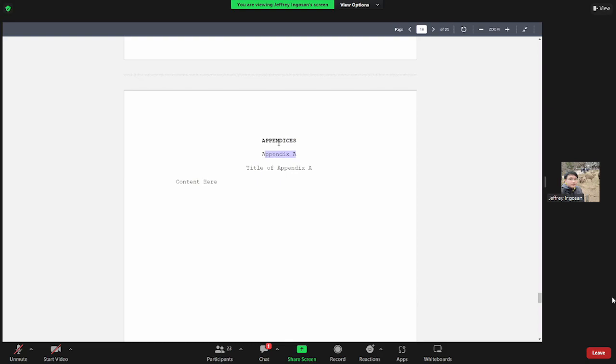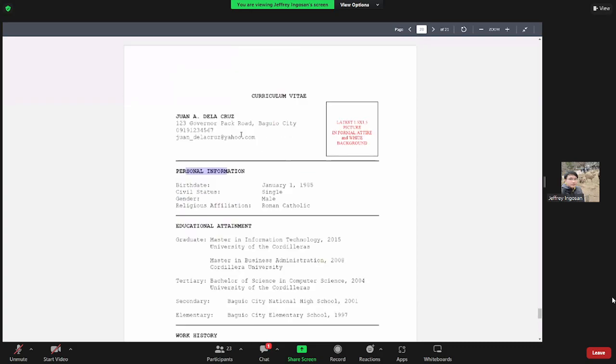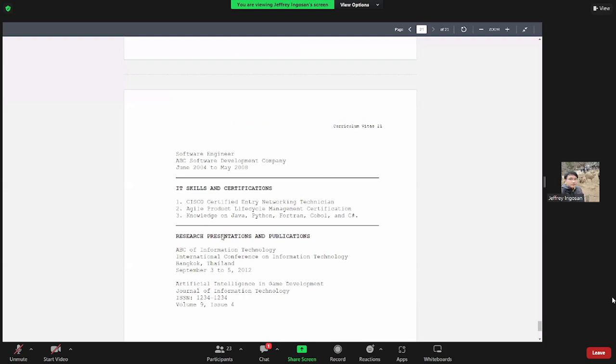So for curriculum vitae, it's just the label curriculum vitae, your name, and then the labels personal information, educational attainment, work history, IT skills certification, research presentation, and publication should be bolden. Sir, what if I have 100 research presentations and publications? What should I do? You just choose what you will be writing here.